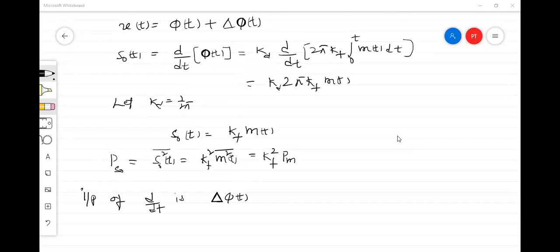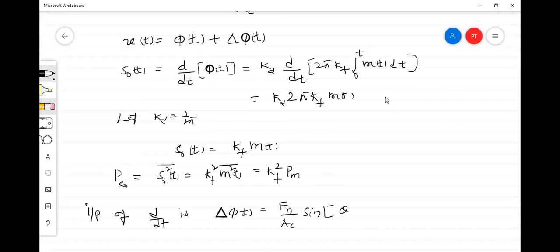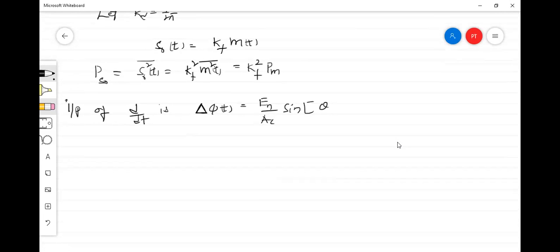And this is equal to n by AC sine theta of t minus phi of t. Now, this is the signal at the input of the differentiator.